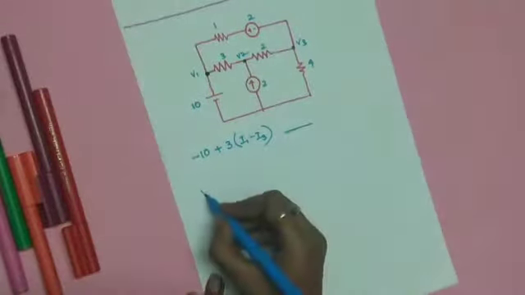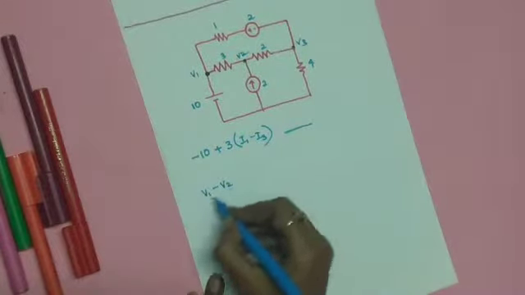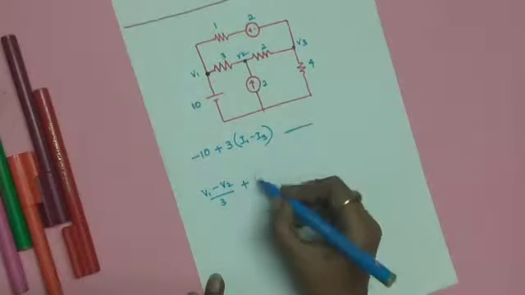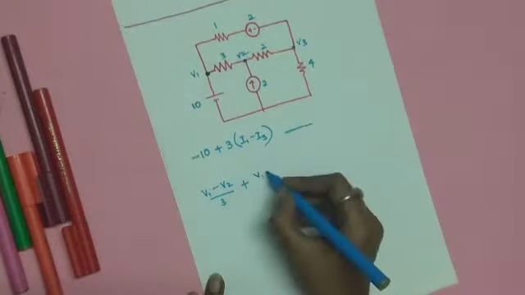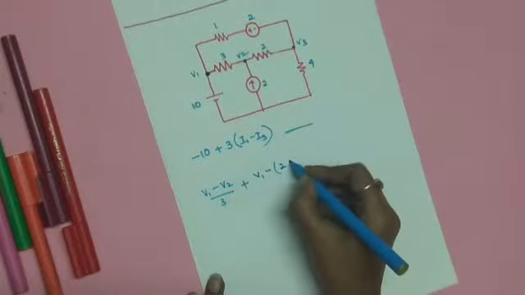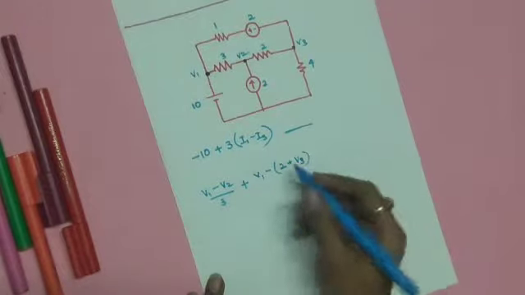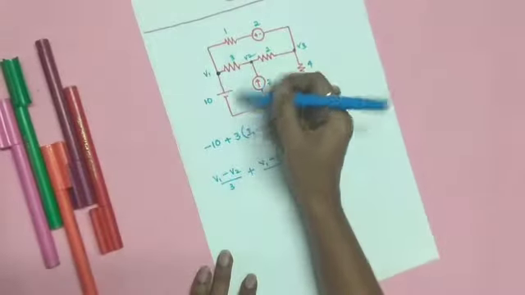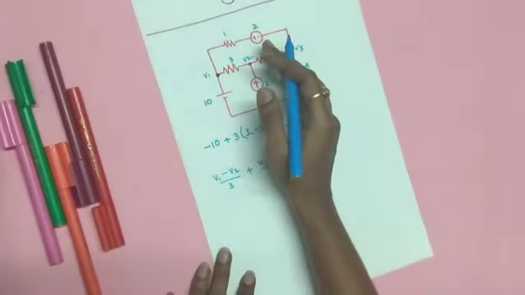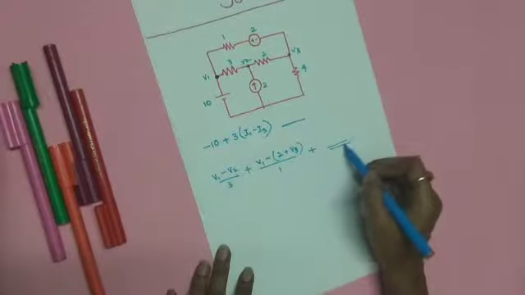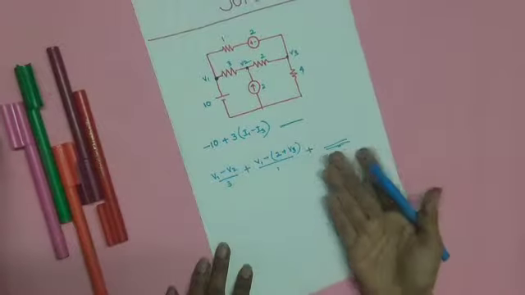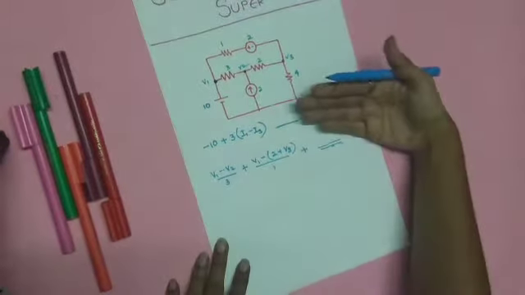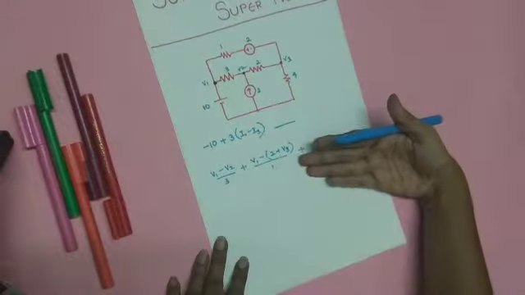Then it is V1 minus V2 by 3 plus V1 minus 2 plus V3 by 1. And what about the current in this branch? We don't know anything about this, right? So we cannot complete the nodal equation. We cannot complete it here also. So we cannot apply mesh analysis or nodal analysis.